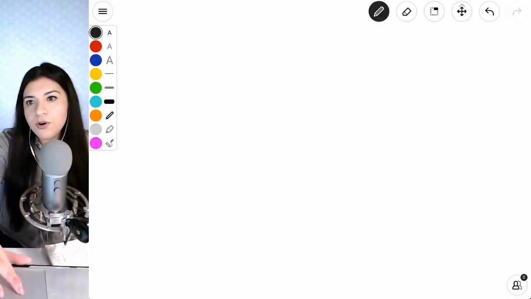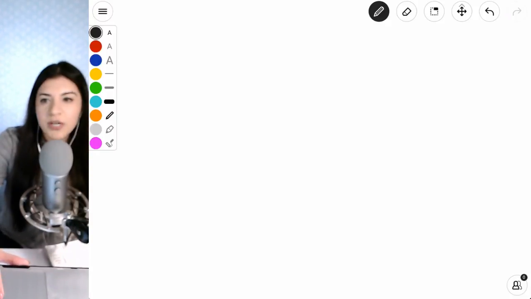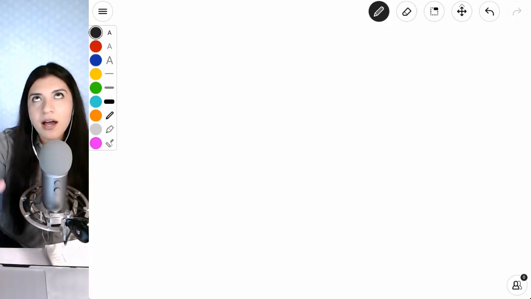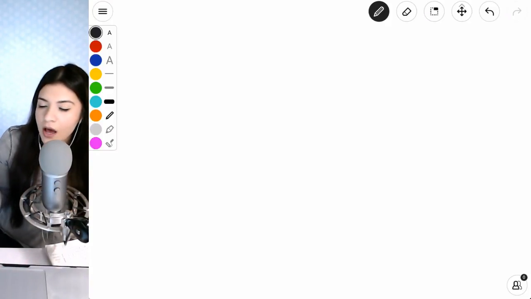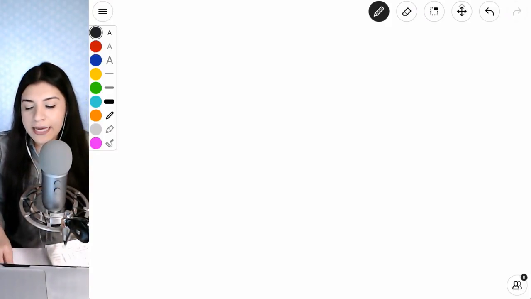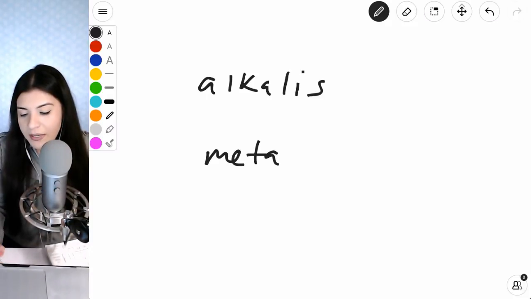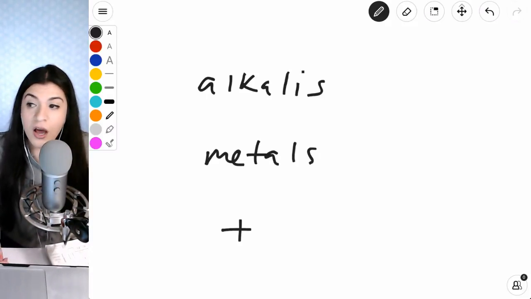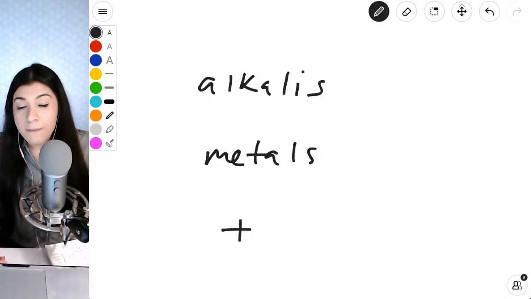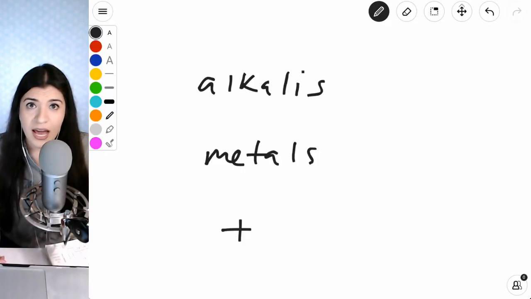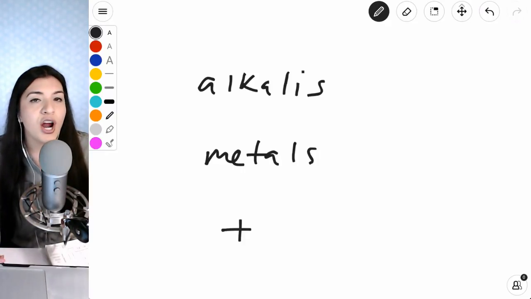Okay. So if we're looking at the different types, alkalis, if we're looking at alkali metals, that would be the first group on our periodic table, and that kind of tells us the difference already. So alkalis are types of metals. Okay. So that means they are positively charged. That also means that they have different properties of metals. So note that how they behave is known as metallic character.